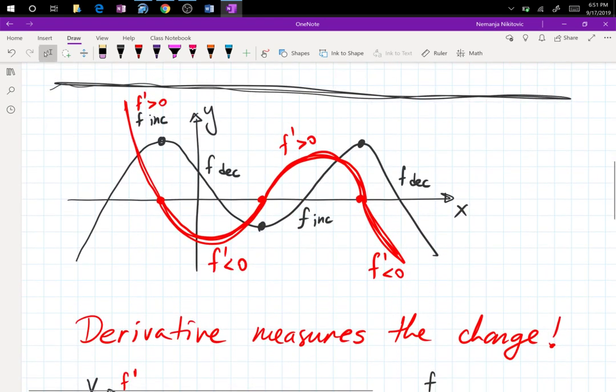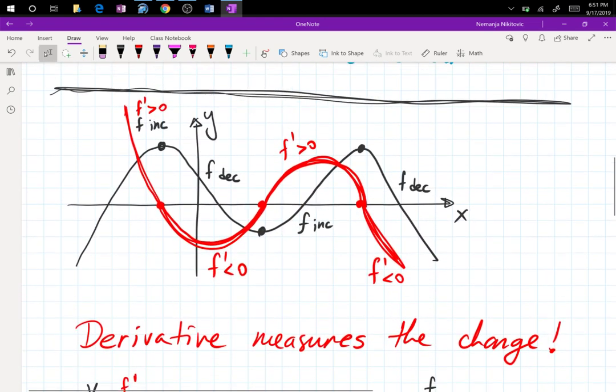Now we strengthen that idea with this example. You see 3 extreme points, 2 maximum values and 1 minimum value, and every single time you had a min or a max, your derivative hit the x-axis. So those are the 3 red dots. Now, we use the same idea. The first segment of the line to the left of the maximum was increasing. The black line, which is the function, was increasing.